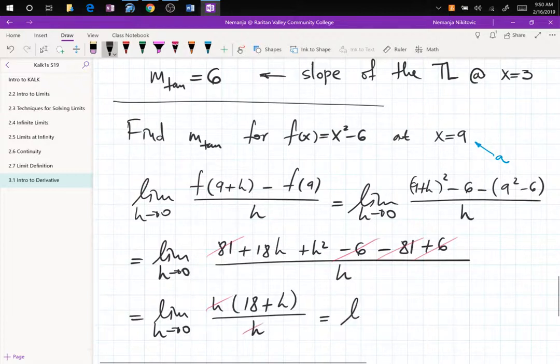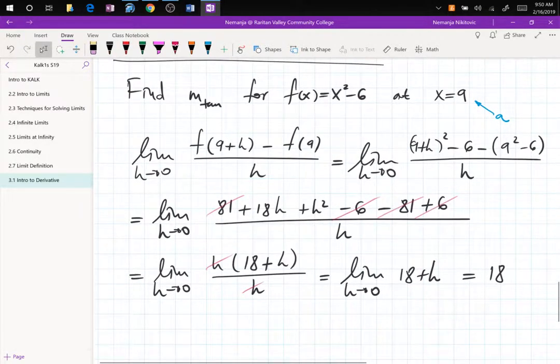And we get limit h goes to 0 of 18 plus h, which is just 18. So we found that the slope of the tangent line is 18 at x equals 9. Perfect.